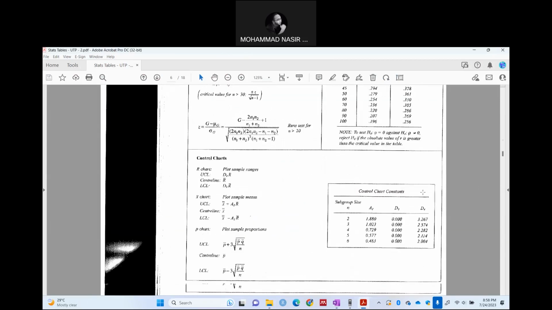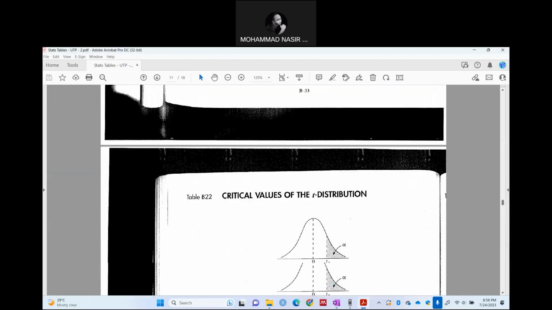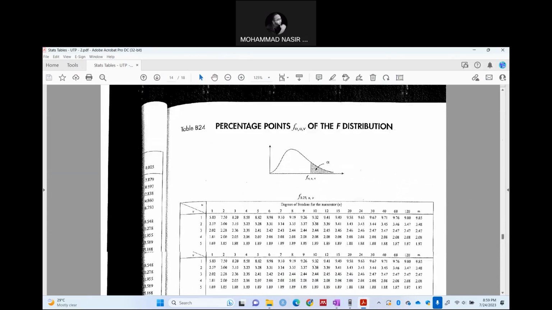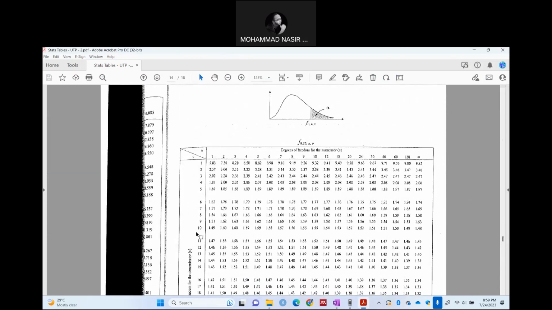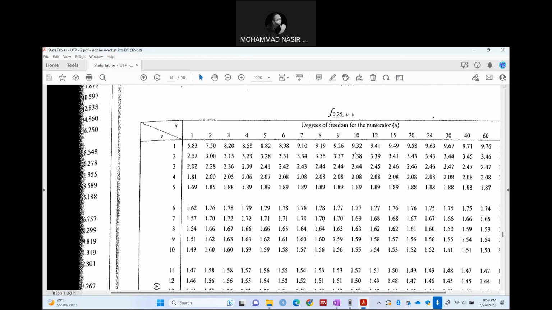table number 8, I think. This is the F value table, right? So if you are given this kind of table, it's the same thing. You look at the notation here, F 0.05, 0.25, U and V. U means first degree of freedom, V is second degree of freedom.